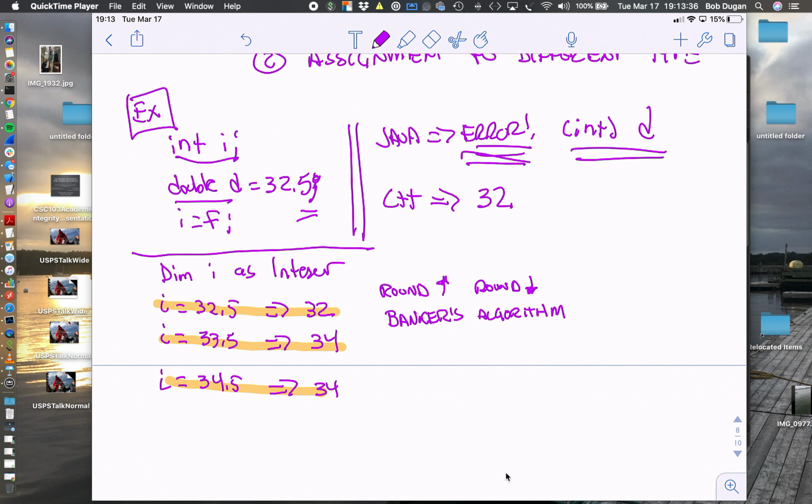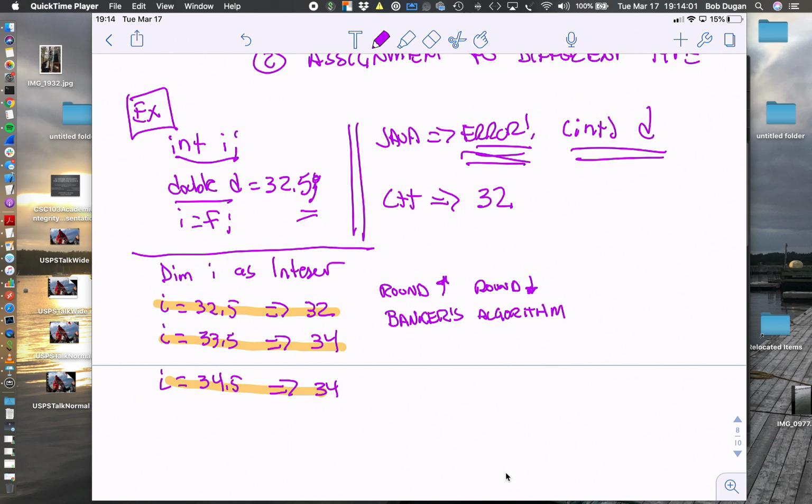So I want you to think about this for a second. If we're smart about rounding, in other words, if we had 3.8, we're going to round up to 4. And we have 3.2, we're going to round down to 3. That makes total sense. When we're at 3.5, we don't know which way to go. Do we round up to 4 or do we round down to 3?